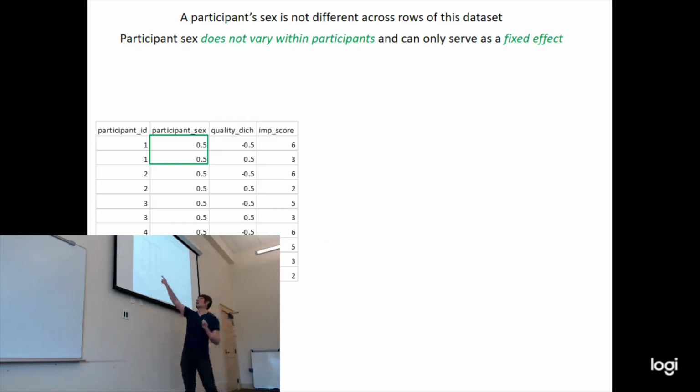If I try to use something that doesn't change within reviewers, I'm not going to get a meaningful slope. Technically I get an intercept, but I can't get the slope for something that does not change within the unit. Does that make sense?